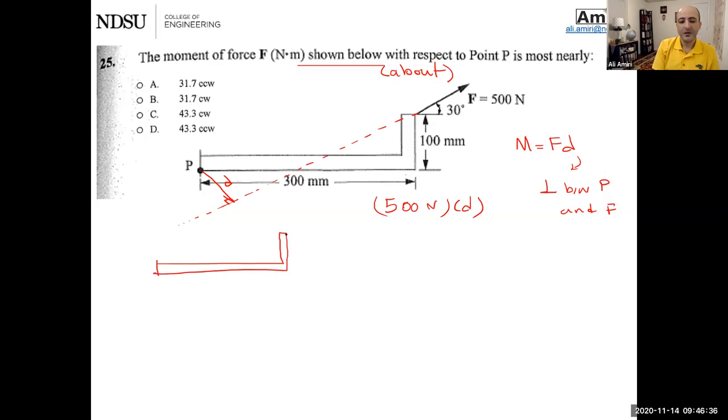I'm going to have Fx, which we talked about. That was the first example we did. What is the component Fx here? We have the angle, we have the magnitude.